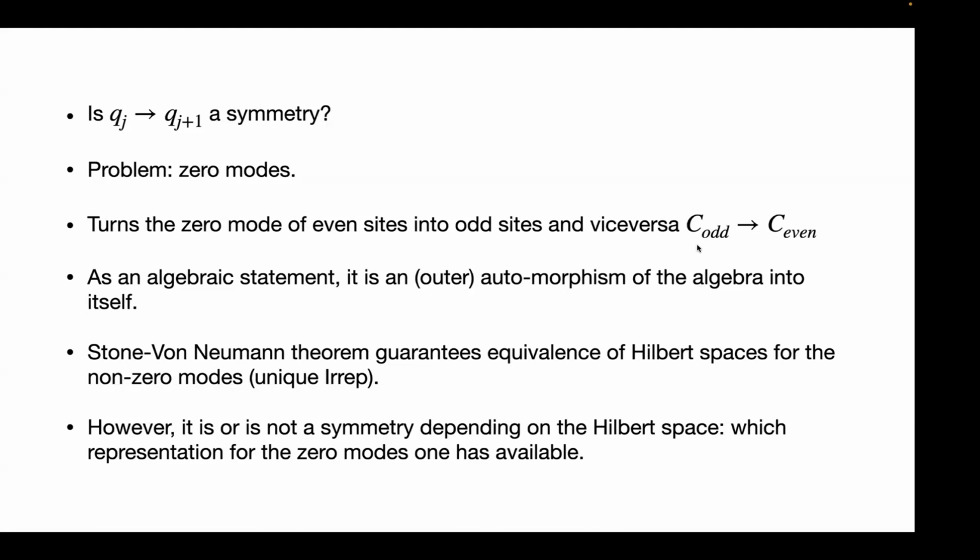Some values of C odd might have a C even that they can match to, meaning when you swap C odd and C even, there might be a conjugate pair, or there might just not be such a state. So even though it is a symmetry of the algebra, it is not necessarily a symmetry of the representation theory.